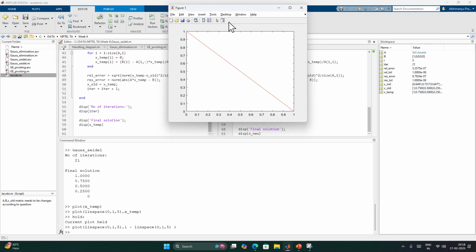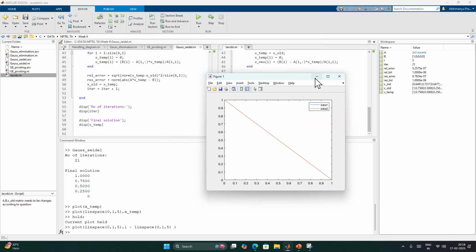So both of these plots superimpose on one another. It need not be true for other problems, but for this problem it is happening. So with this, I end this session.